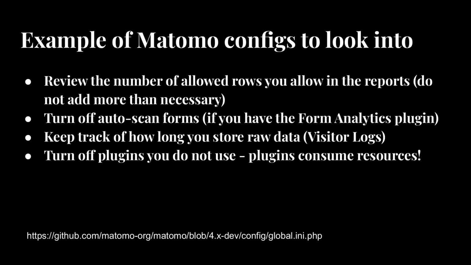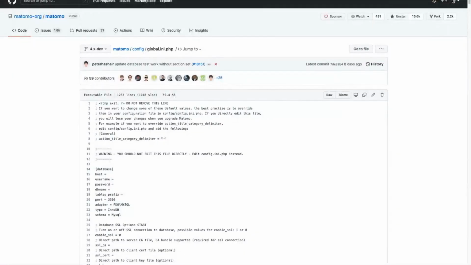You can also configure tons of things in Matomo. I linked to this little file on matomo.org. I'll just open that file to give you an impression. In your Matomo installation, you have a file called global.ini.php.